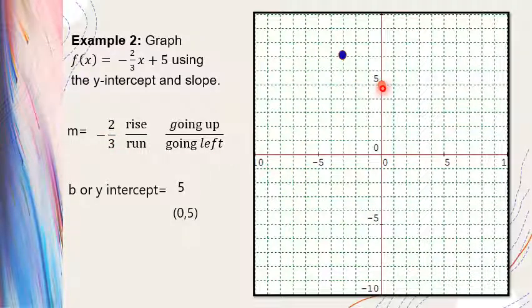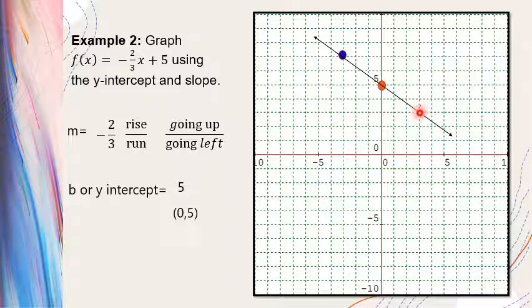So let's count. Starting here, going down 1, 2, and then going right, that's positive, 1, 2, 3. So if you connect the line, check it out. You see the line here also lies on the point.